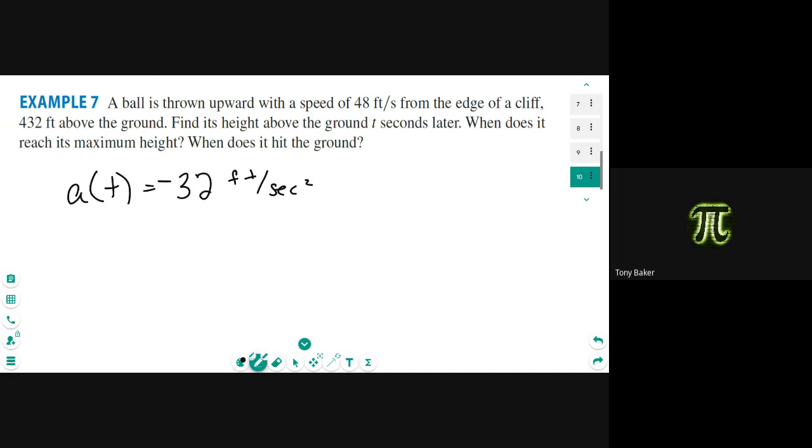Find me my position function. You can ignore the units at the end, by the way.